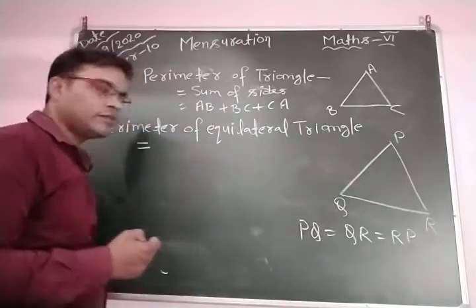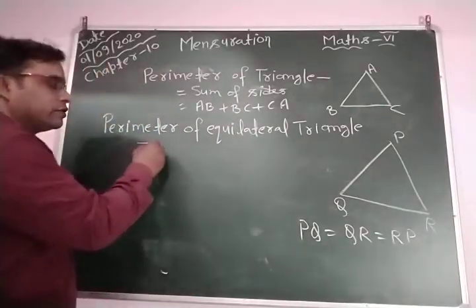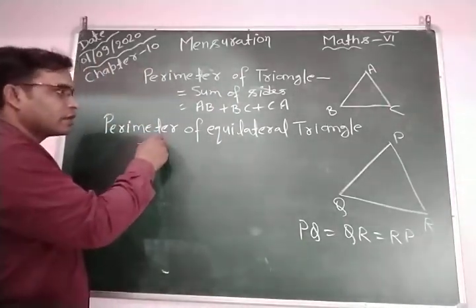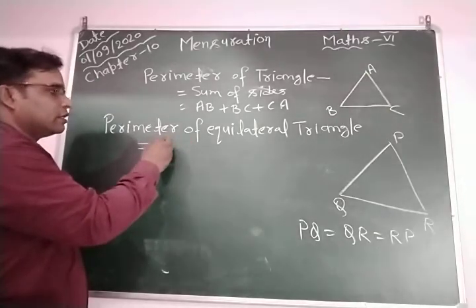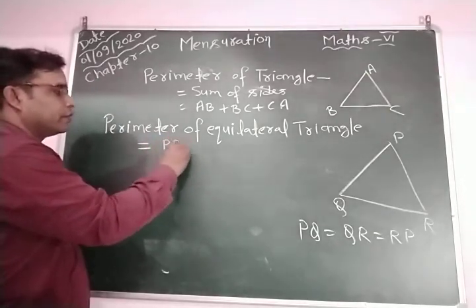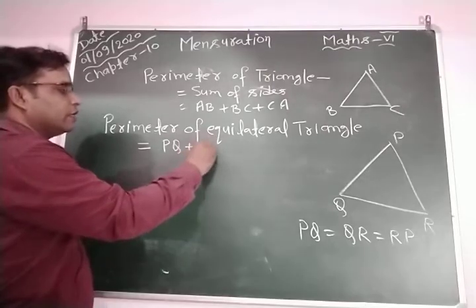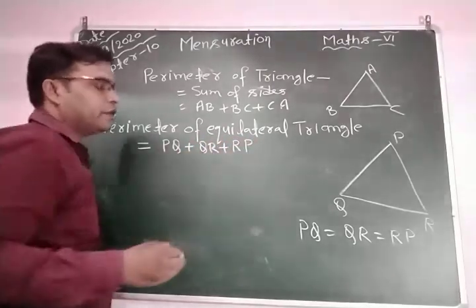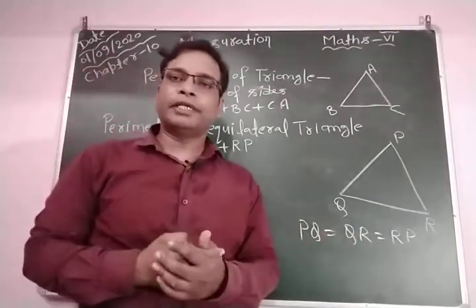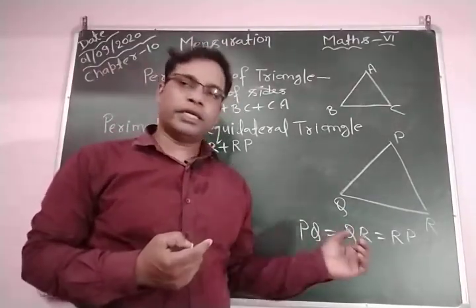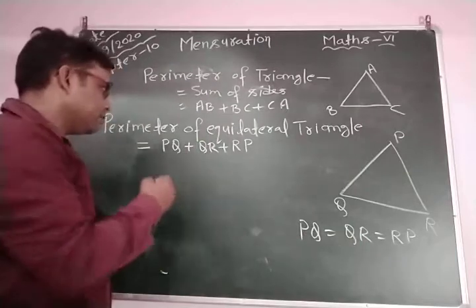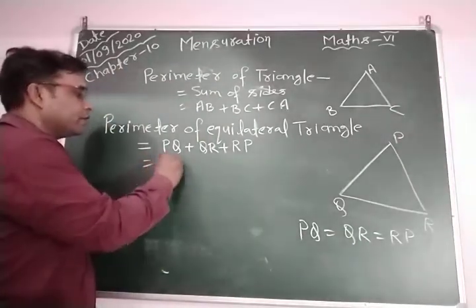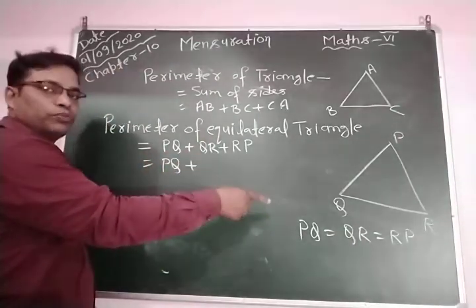Now here you can see the sum of all sides: PQ plus QR plus RP. But according to the properties of an equilateral triangle, all sides are equal. So you can write PQ for QR, PQ also for RP, because RP is equal to QR, and QR is equal to PQ.